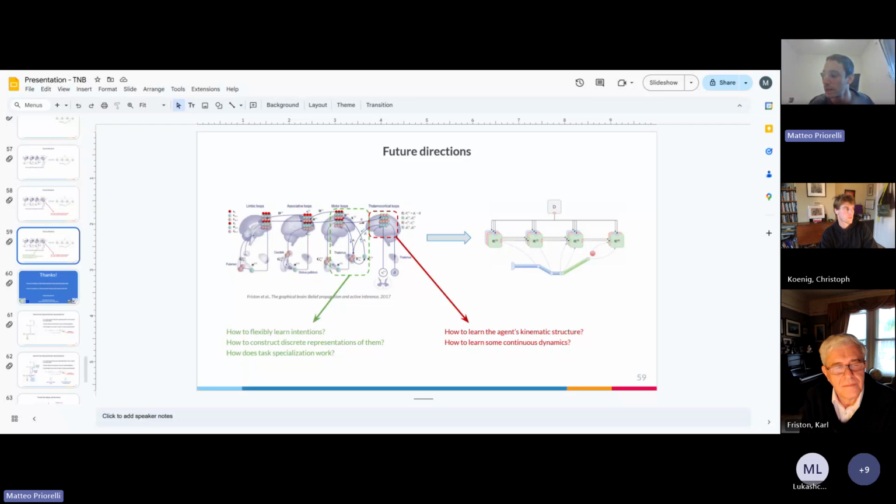So the idea was to build a generative model mimicking the real computations of the generative process. So I just placed the intrinsic level at the top of the extrinsic level, using this decomposition between intrinsic and extrinsic dynamics.